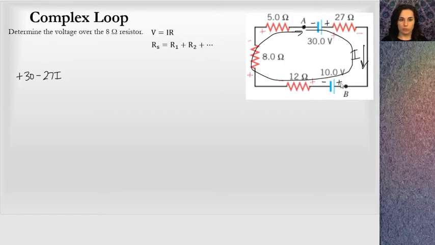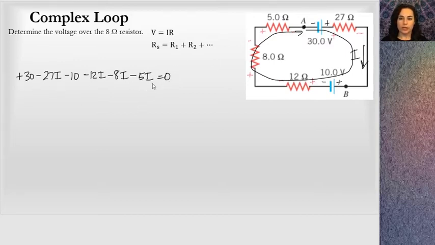I come to the battery, that's the next circuit element in this loop. I get a loss of 10 volts here, minus 10. I can see because the second sign here is a negative, I have a drop over this battery. I also have a drop over this 12 ohm resistor, minus 12I, minus 8I, minus 5I. And then I'm back to point A again, and that's all of it.